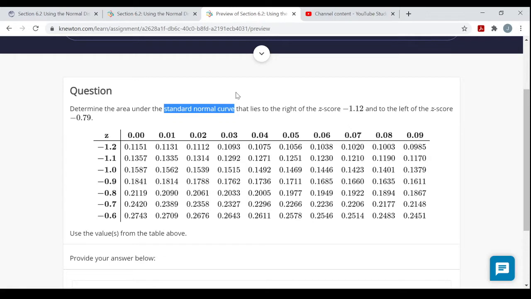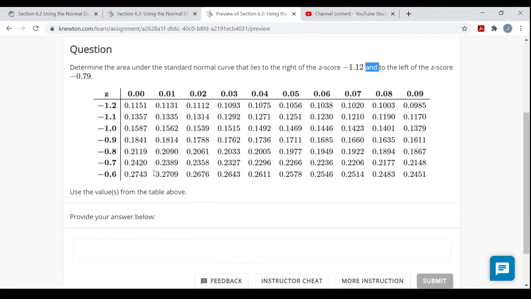We're asked here to determine the area under the standard normal curve that lies to the right of the Z-score negative 1.12 and at the same time to the left of the Z-score negative 0.79, and to use the values from the table above.